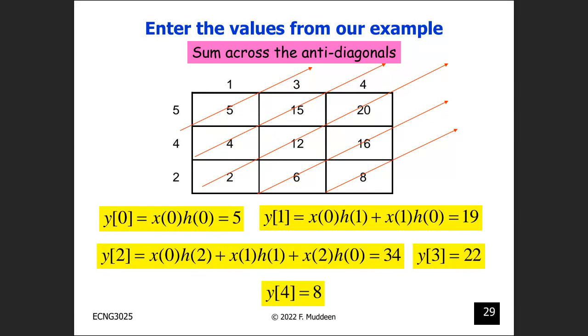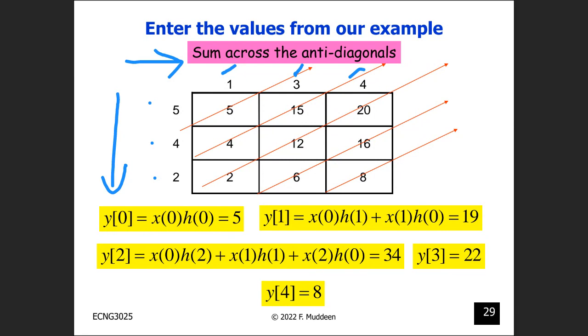So I start here now and I'm summing, I have a different color here. Like the ones that we did before, we have 1, 3, and 4, and 5, 4, and 2. Notice this is not reversed here. I put H this way and I put X this way. Fill in the cells.